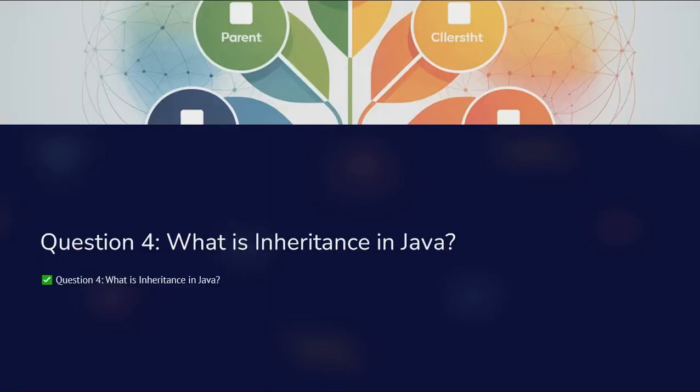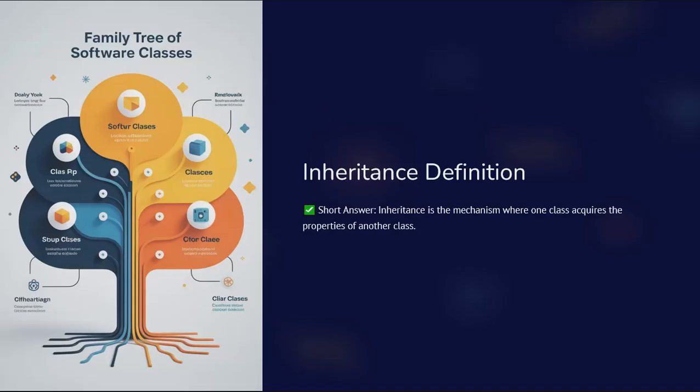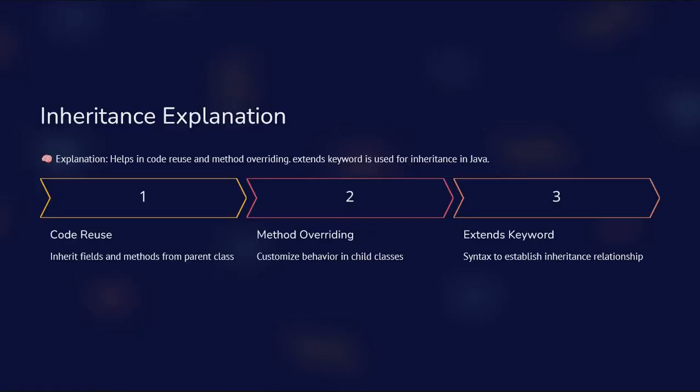Now the next question is: what is inheritance in Java? The definition: inheritance is the mechanism where one class acquires the properties of another class. You can also say that creating a new class from an existing class is called inheritance.